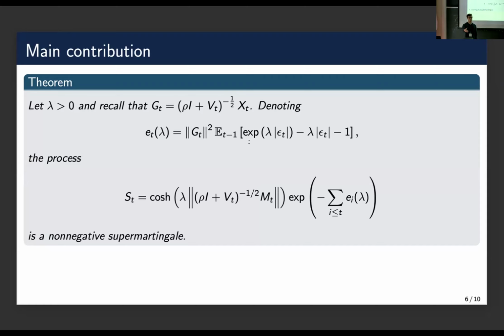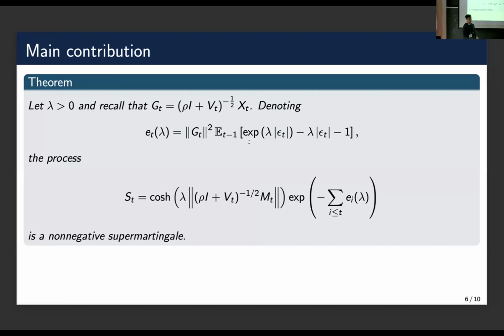So for those of you who are probably all familiar with the Chernoff bound and Chernoff method, we usually take the expectation of an exponential function. This is where that exponential function is kicking in. But because we're working with the absolute value, we have to correct it by subtracting the first and 0th order terms of the exponential function.